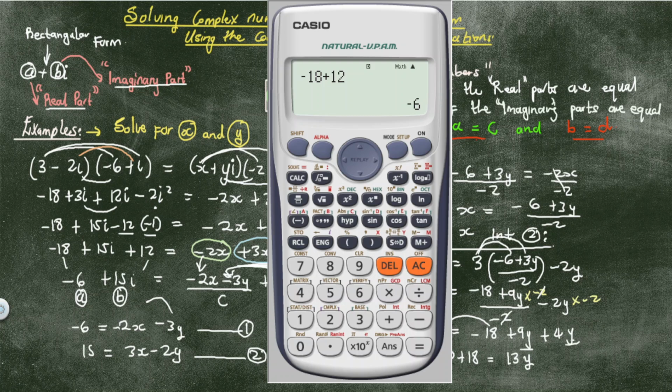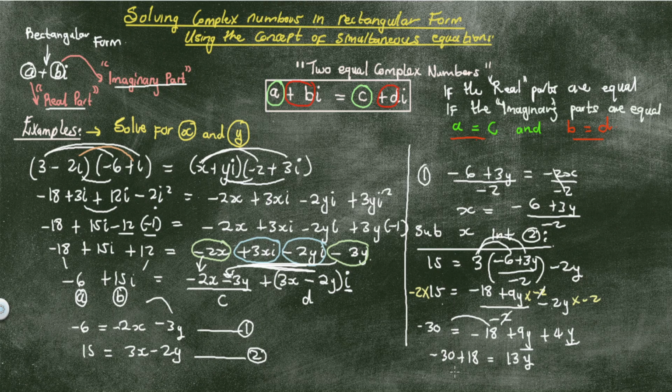And then what is negative 30 plus 18? That is negative 12. Negative 12 is equal to 13y, and then I divide both sides by 13. I get minus 12 over 13. That's y. And then x we can calculate, of course, using this equation number 3.